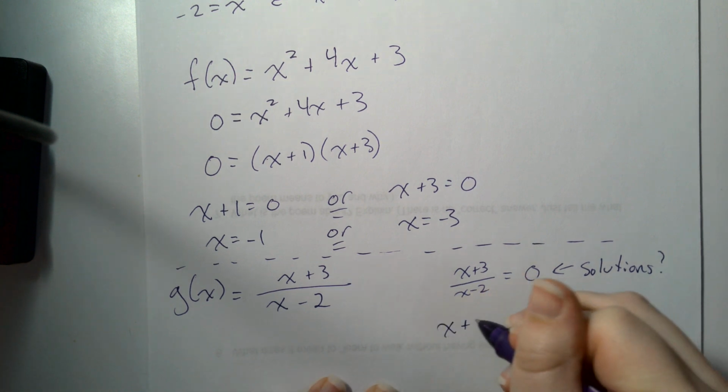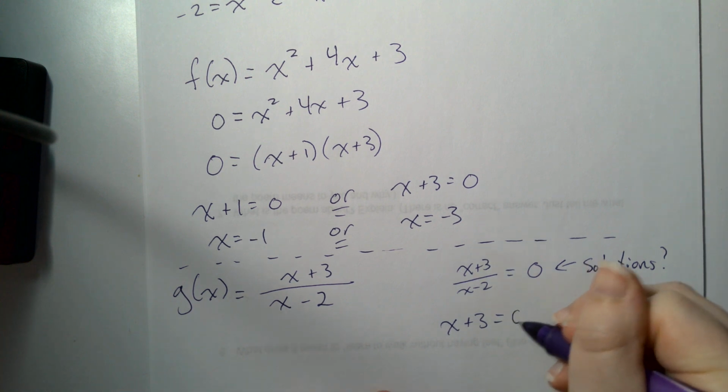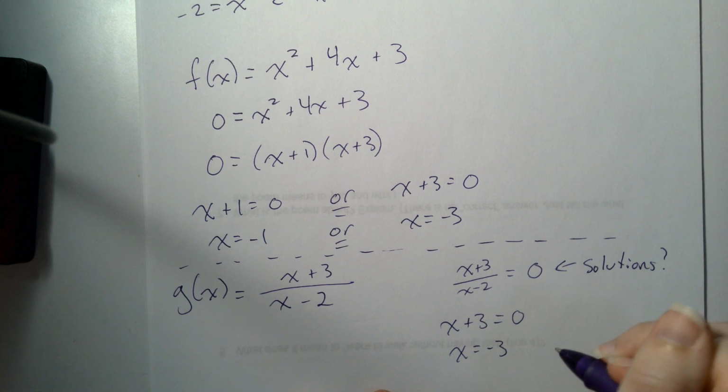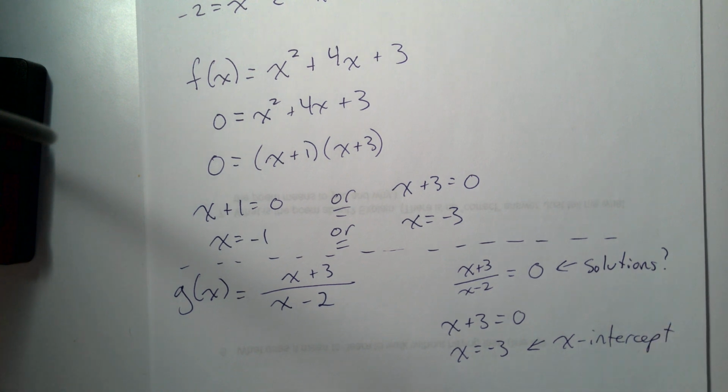That means we just want to figure out what makes x plus 3 equal 0, and that is x equals negative 3. So that is our x-intercept. That just means that on the graph, it's going to cross the x-axis at x equals negative 3.